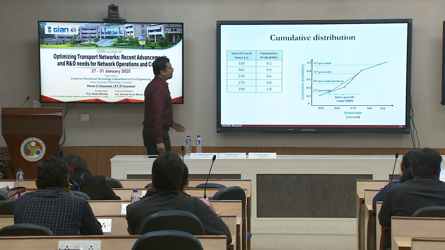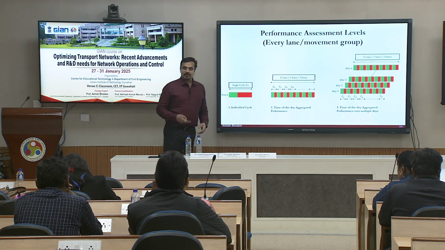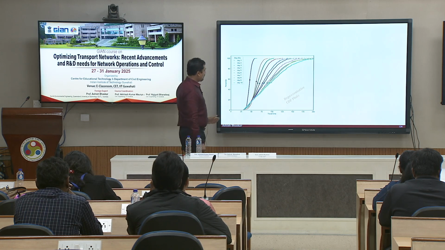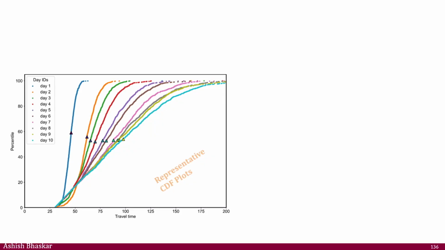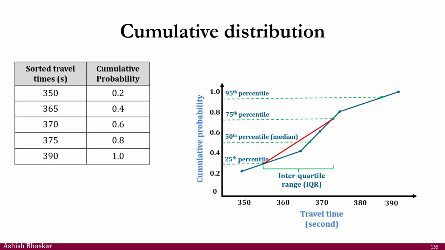Now moving back to this one, I will have data from different sources or different time periods. I can have data for a specific day, day 1, and by that I mean, let us say, 11 to 12, 1 hour of time interval, for different cycles.